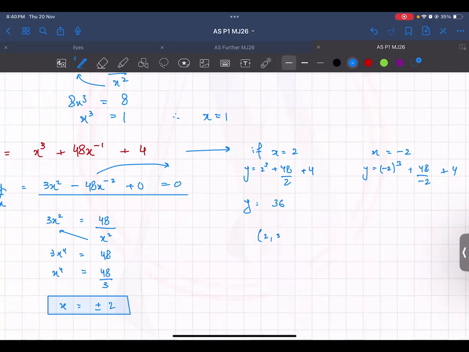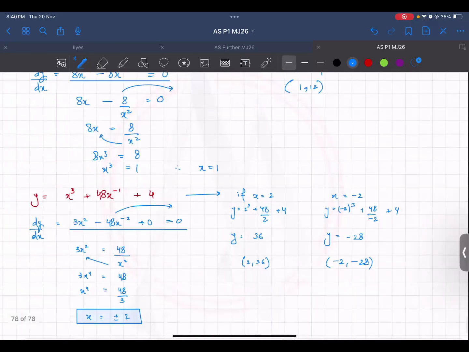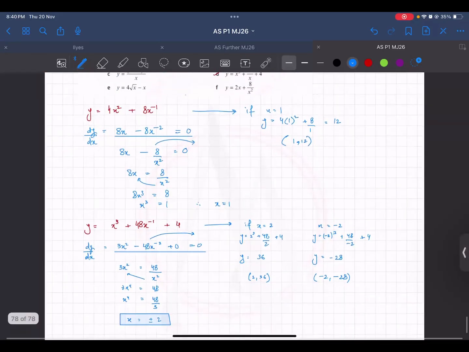So 2 comma 36. Minus 8 minus 24 plus 4. So minus 20 minus 28. So these are the two turning points. We don't know which one is minimum, which is maximum, but we know that these are the two turning points.